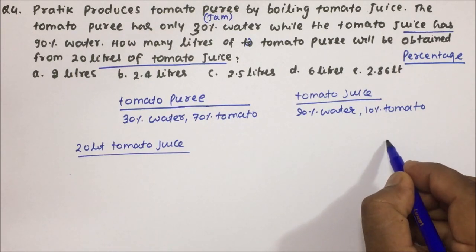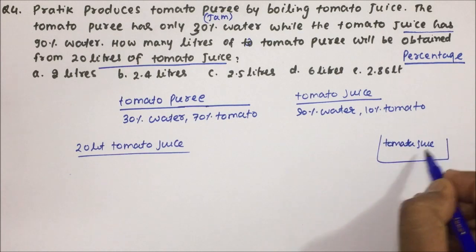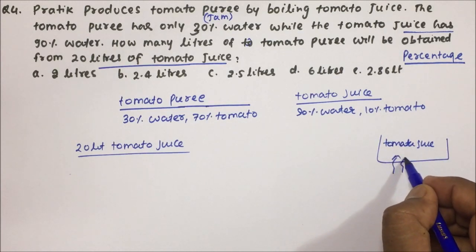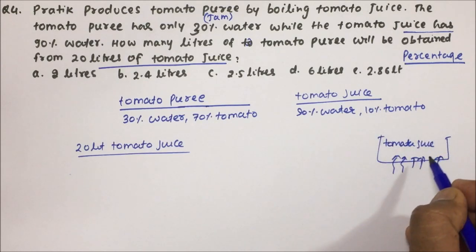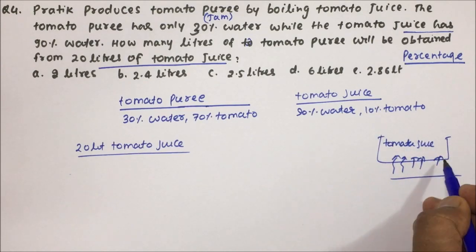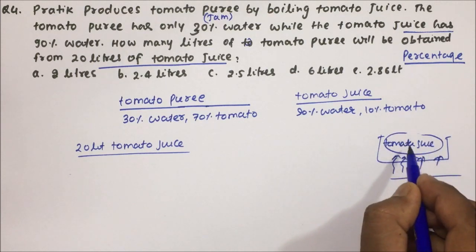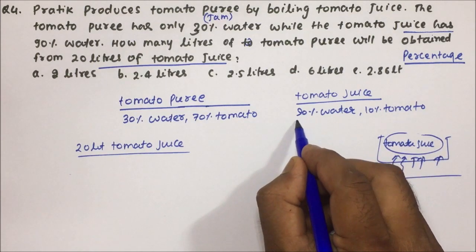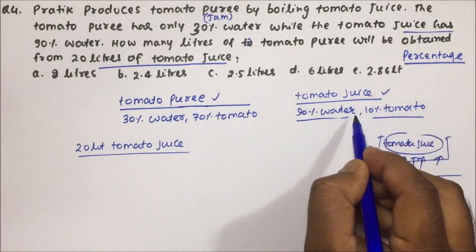Now friends, you have tomato juice. If you boil this tomato juice, it will become tomato puree. The tomato juice has 90% water and 10% tomato.